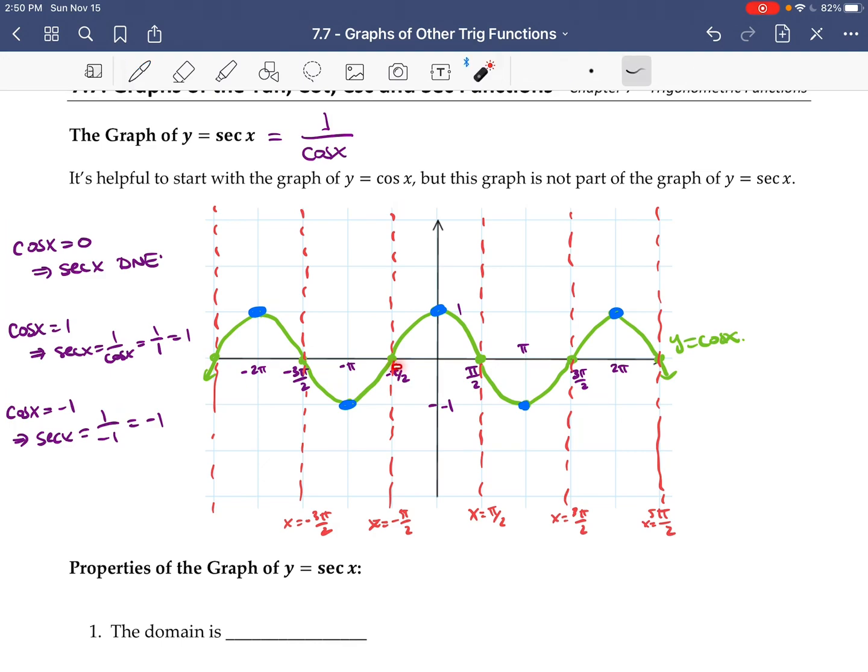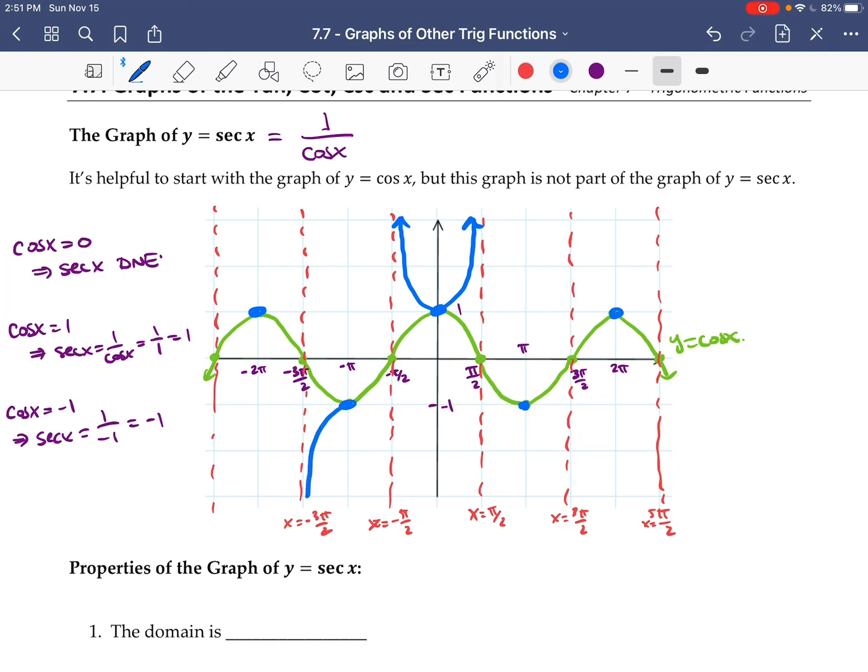When we're in this interval here, the cosine values are positive. So I have 1 over a positive number. That's going to be a positive number. So I'm going to have to approach the asymptotes towards positive infinity. When I'm in this interval, my cosine values are negative. So I take 1 divided by a negative number. That's going to be a negative number.